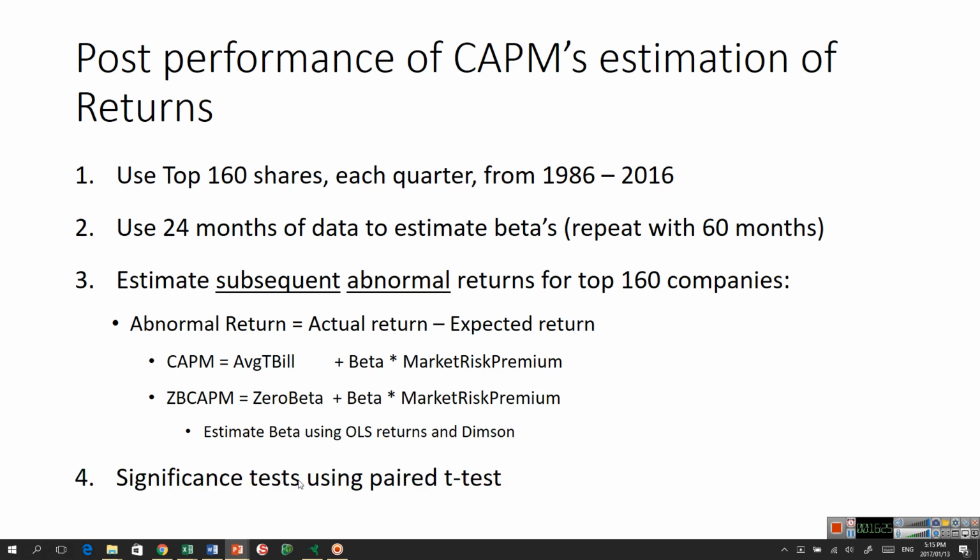Once we've done that, we're going to do a paired t-test to see whether these abnormal returns are different from zero. We are expecting that we should have zero abnormal returns. If the expected return is exactly equal to the actual return, then we've got a fantastic model. It works very well. If it doesn't, then we're going to see significant abnormal returns.